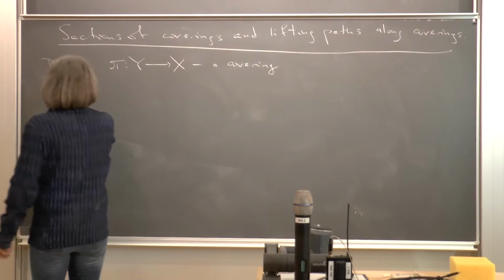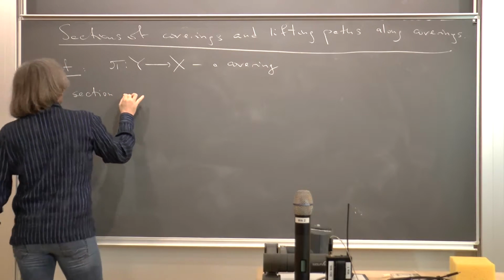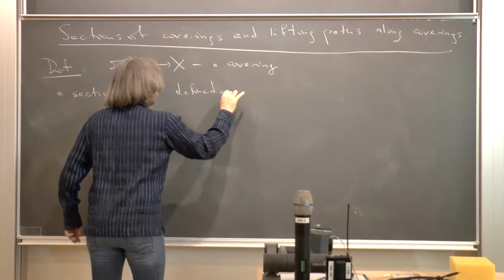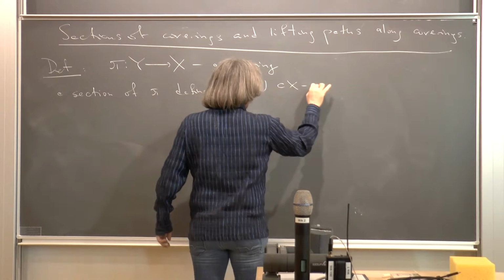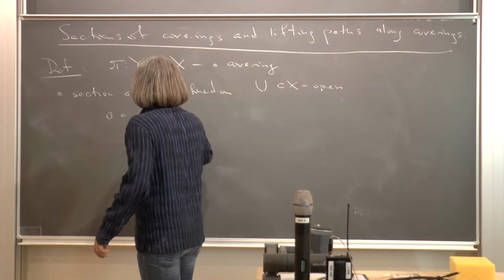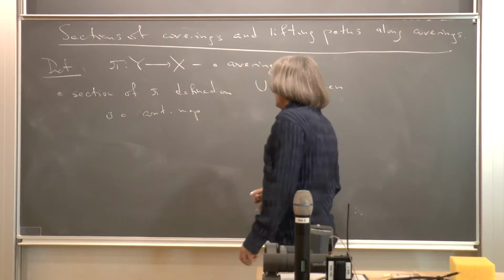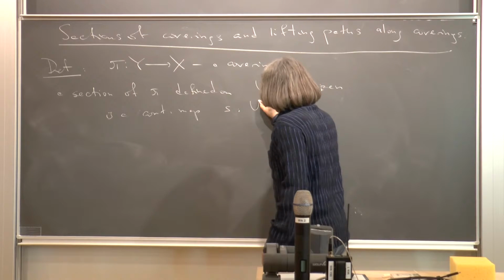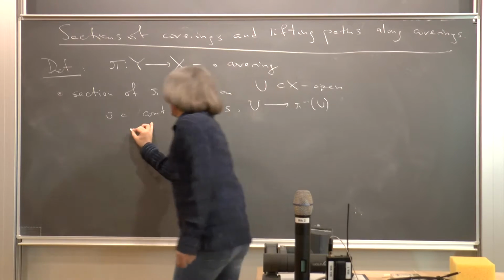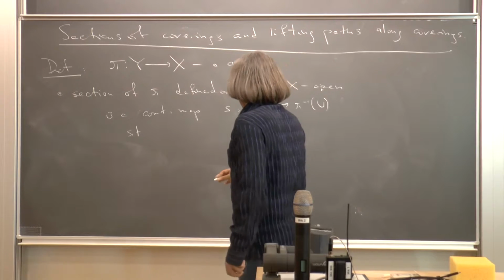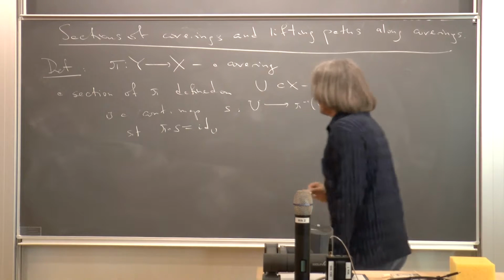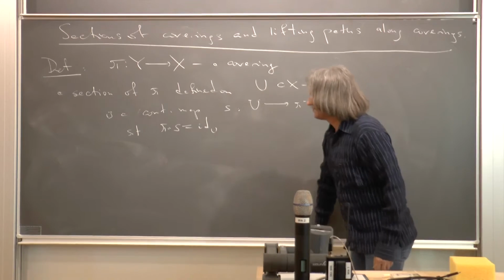Then a section of phi defined on some open U in X is a continuous map S from U to its preimage, such that phi composed with S is identity.